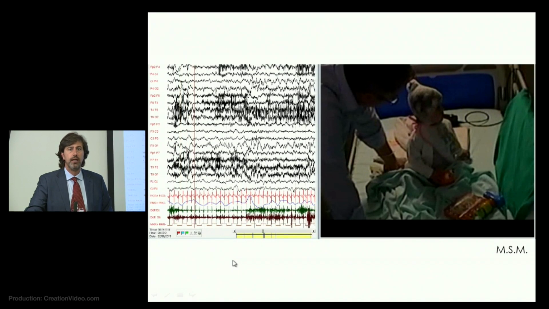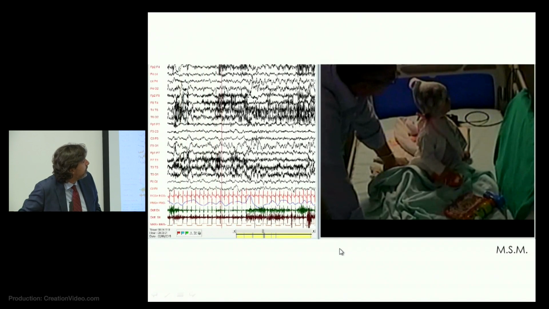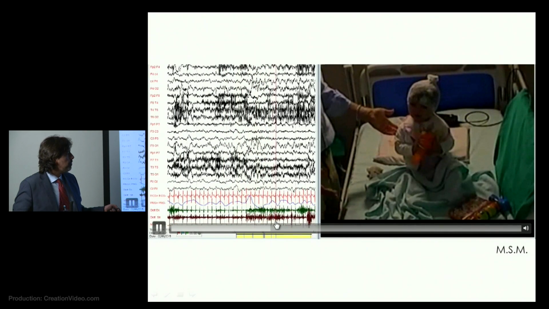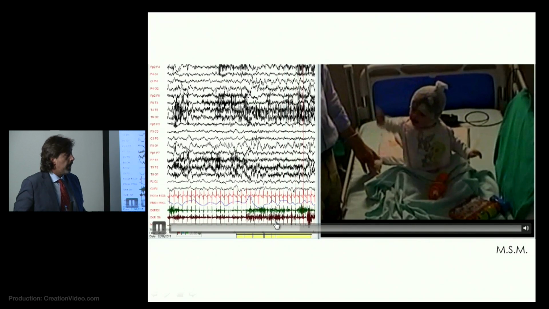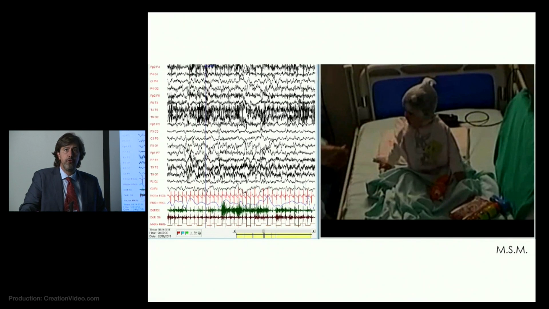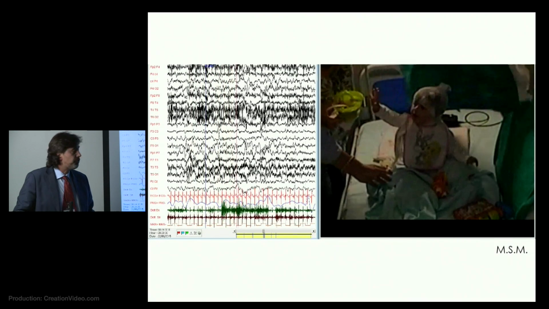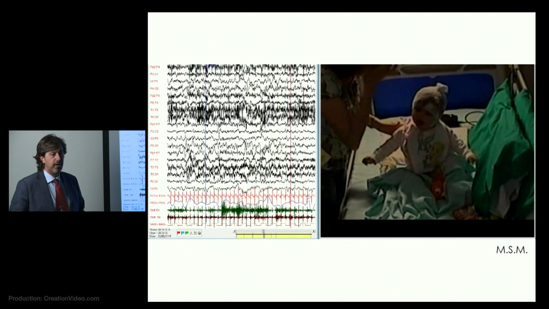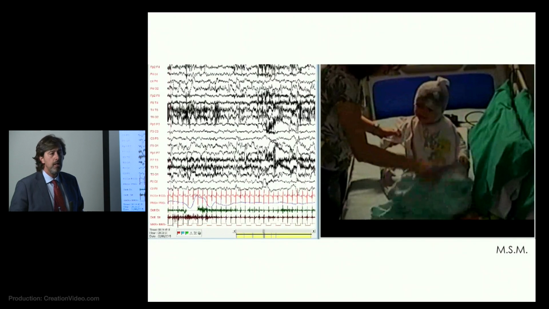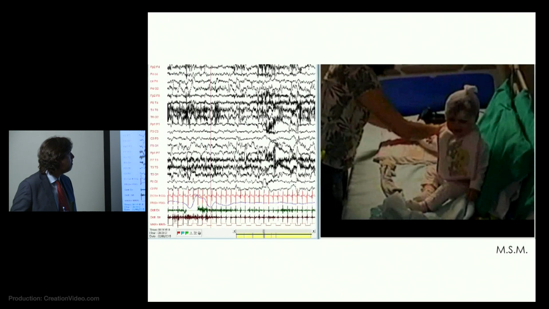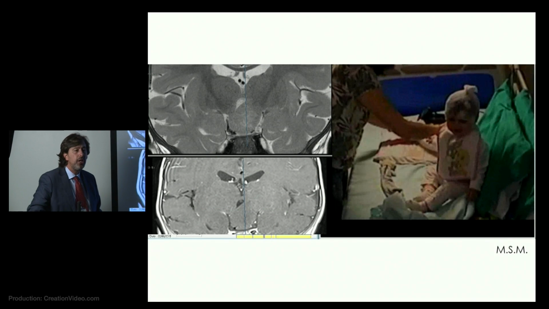And this other child, again, can you see it? She is quite young, and she is presenting the same type of seizure that we saw before. What is interesting here is that the EEG does not show significant modifications. You can have some theta activity, sometimes more rhythmic, sometimes less, but it is not a clear-cut modification of the EEG activity.